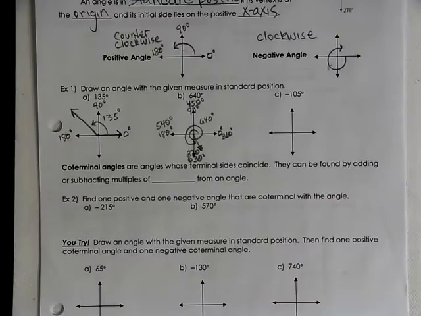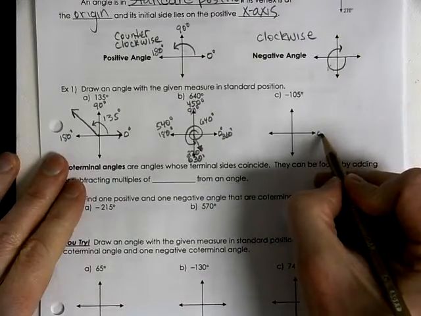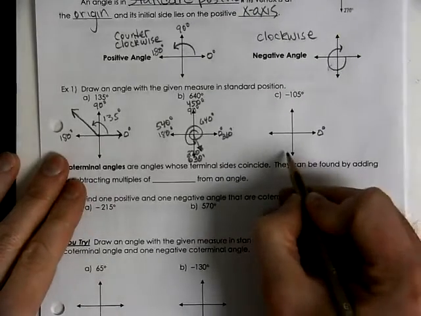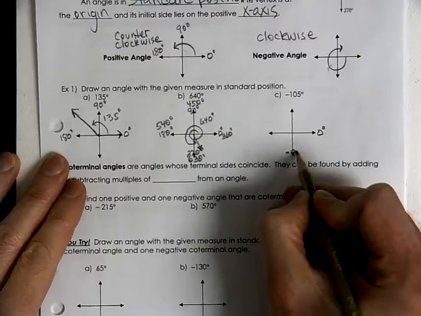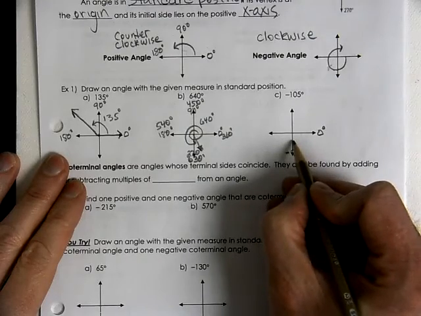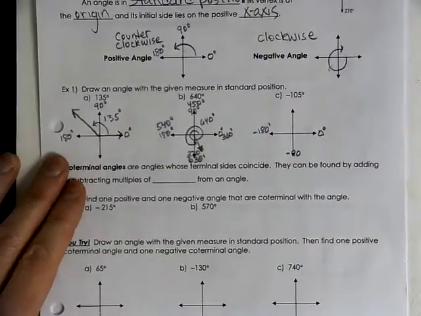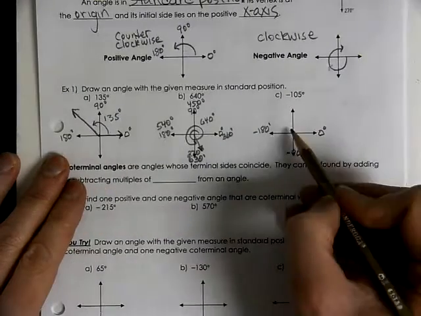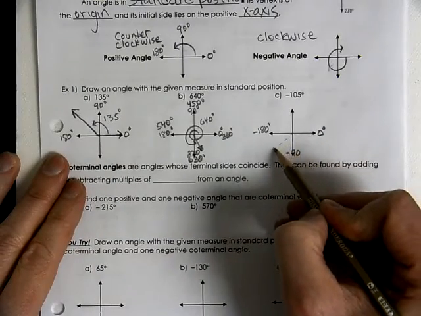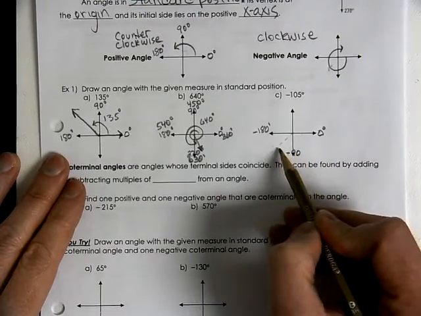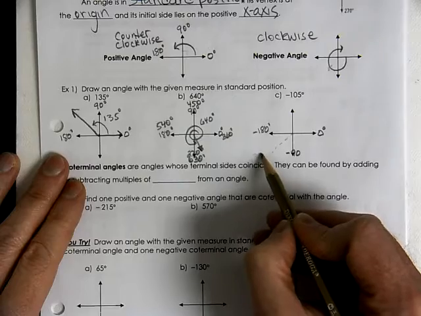Negative 105. Well, if this is 0 degrees, we'd be at negative 90 degrees if we came down, and negative 180 degrees if we came over there. At the halfway point, which would be 45 extra, that would be negative 135.